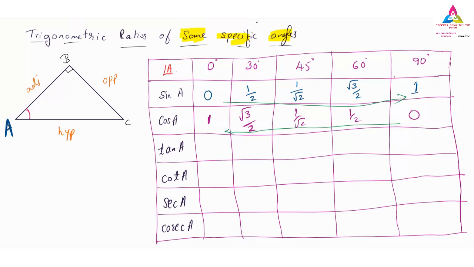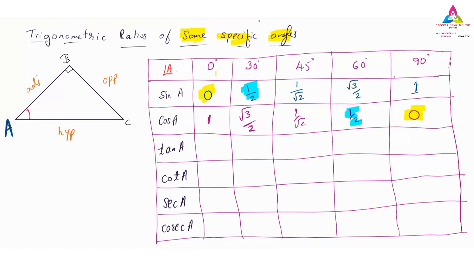Sine 30 is equal to cos 60. And sine 45 is equal to cos 45. We can already understand that by this given table. Here any confusion? Here also you can see 0. Same it is. So sine 0 degree and cos 90 degrees are similar. Similarly, sine 30 degree and cos 60 degrees are similar.